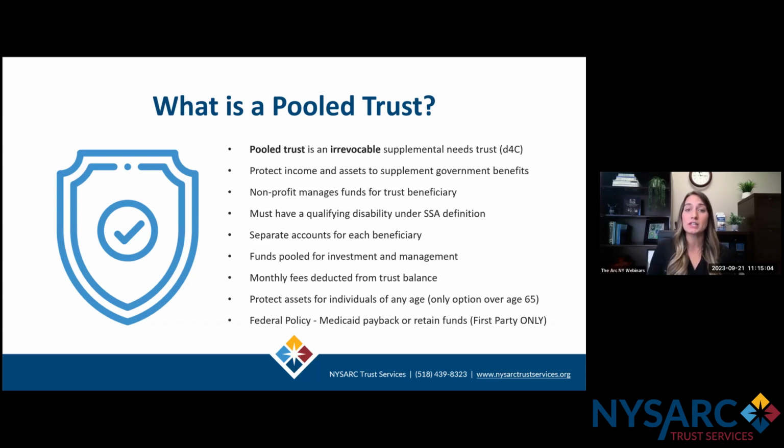So when a person is funding the trust with their own money, upon their death, that money will typically be retained by the nonprofit administering the pooled trust. And we'll talk about some of the exceptions that apply to that. If it's someone else's money, where it's funded by a third party, there is not a payback to Medicaid, not a requirement to repay Medicaid.